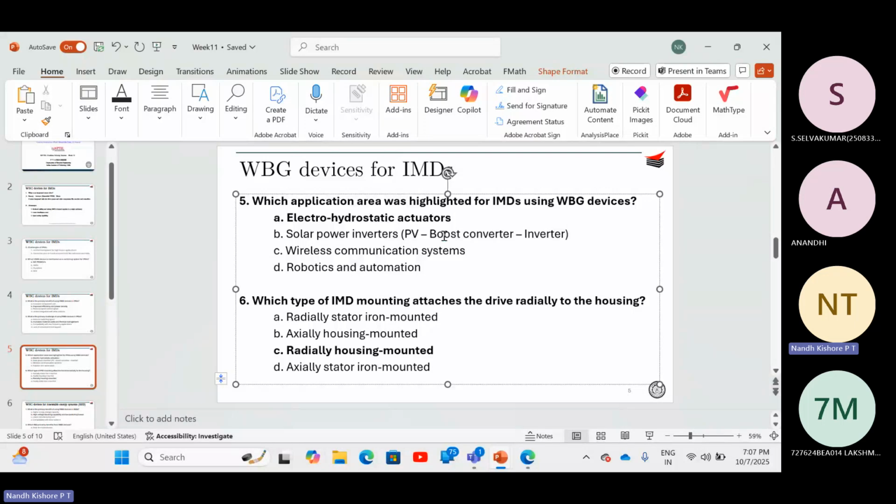This is the chain for solar PV. There is no motor drive stage, no moving part. So wireless communication system is definitely not the answer. The answer is electrohydrostatic actuator, because actuator means there is mechanical energy conversion. From that itself you can understand the option. Okay, fine.